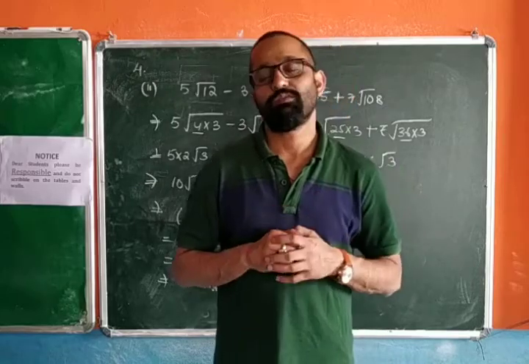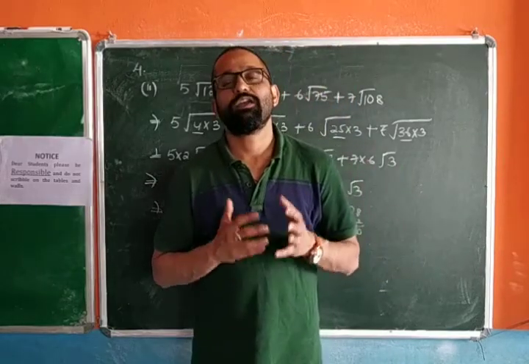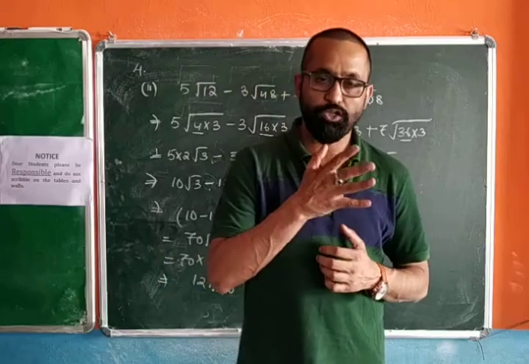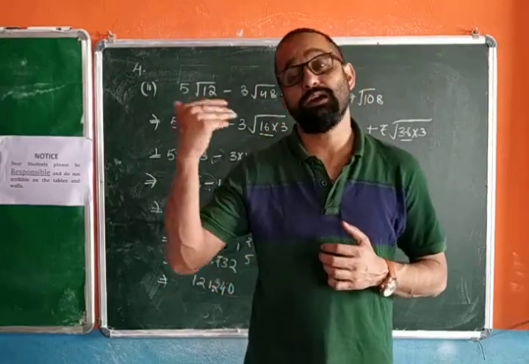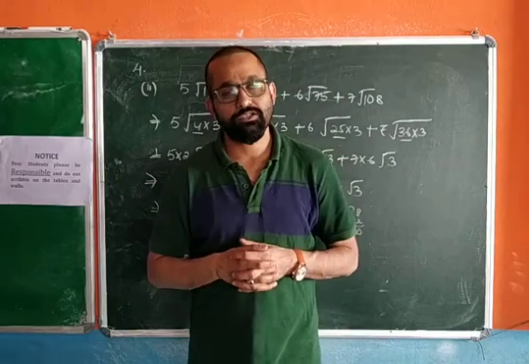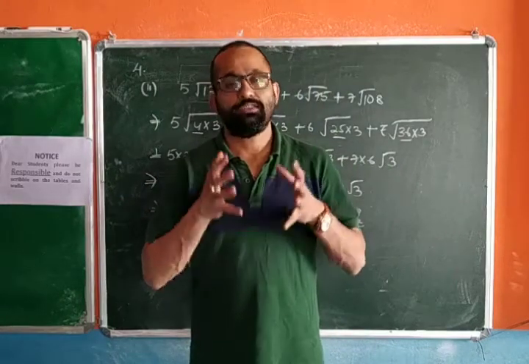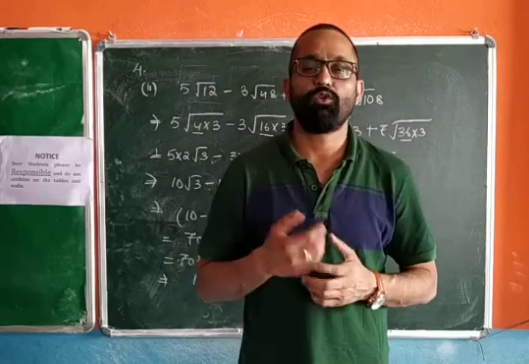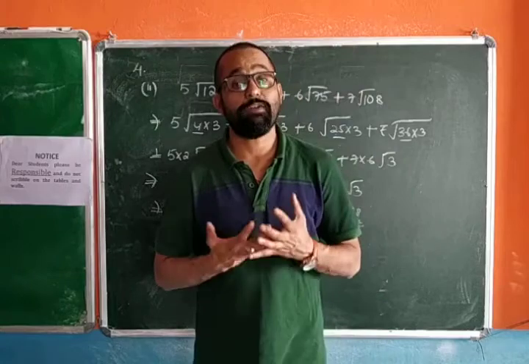So remember, what is rationalization? It is a process by which a surd is multiplied by another surd such that we get a rational number. And the surd which we multiply with the given surd is called a rationalizing factor.